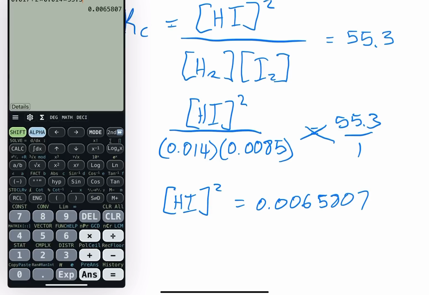So we're just going to take the square root, and that gives us 0.08. So the concentration of hydrogen iodide will be 0.08.